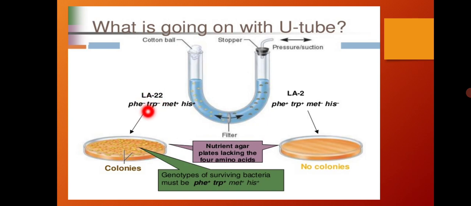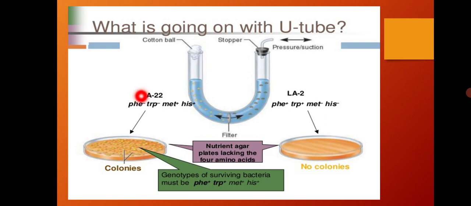The negative sign indicates that it is an auxotrophic strain. Auxotrophic means they lack something needed to produce, which means they are unable to grow in a nutrient medium that is lacking in something. The opposite is the prototrophic strain. Prototrophic strains are able to grow in every situation, meaning they have their own gene to produce that amino acid, and auxotrophic strains lack that gene.